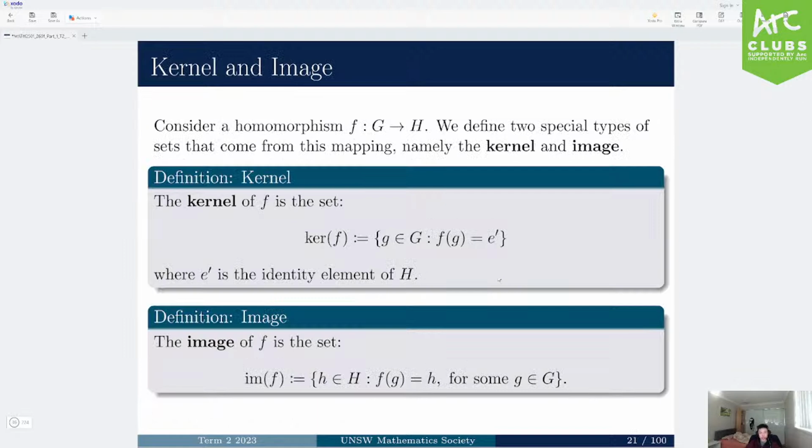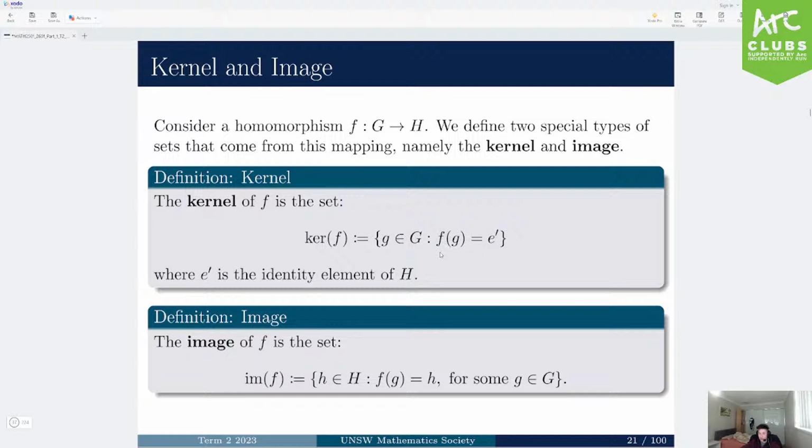The kernel and image, you would have met in linear transformations. It's a very similar concept inside groups. If we have a homomorphism F that maps from G to H, we define the kernel and image as follows. The kernel of F is the set of all elements in G such that f of g maps to the identity element.